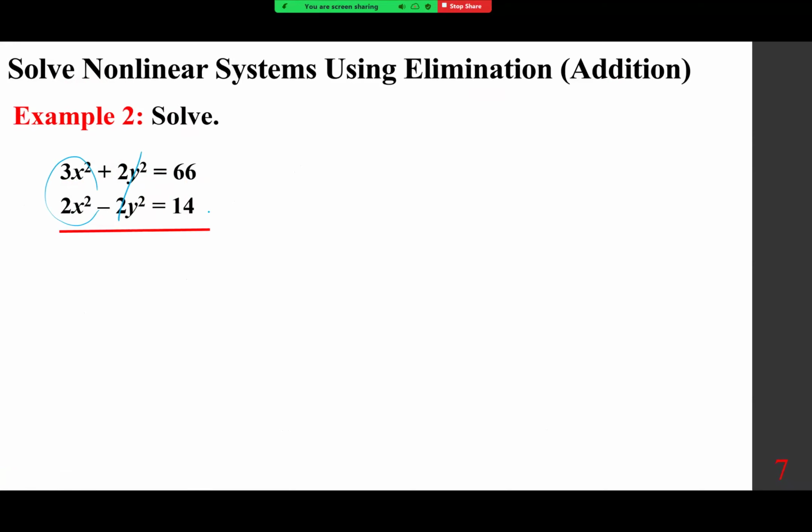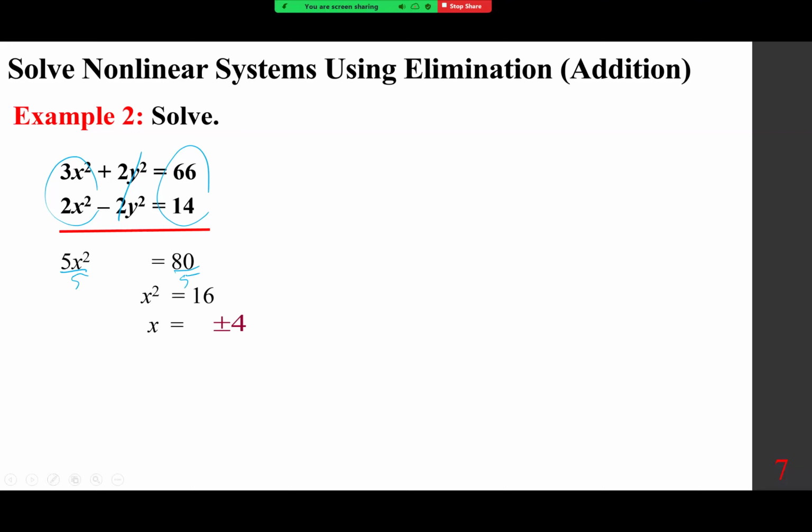This becomes 5x squared. This becomes 80. Divide both sides by 5, you get x squared equals 16. X is plus minus 4.